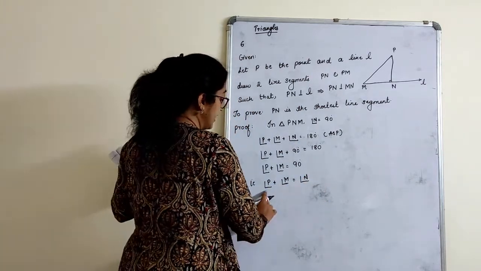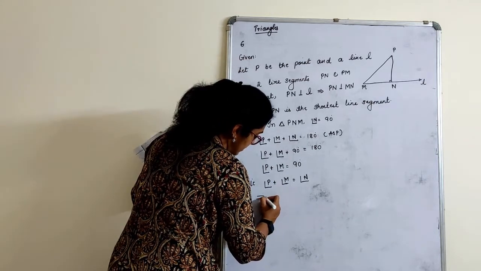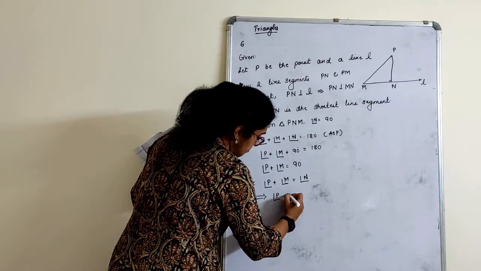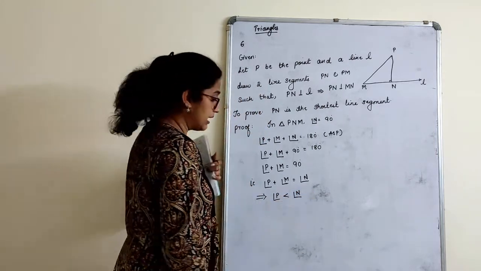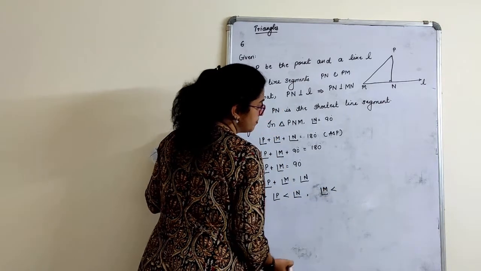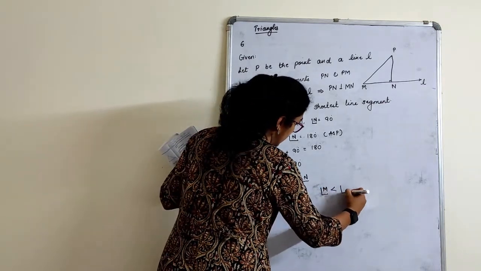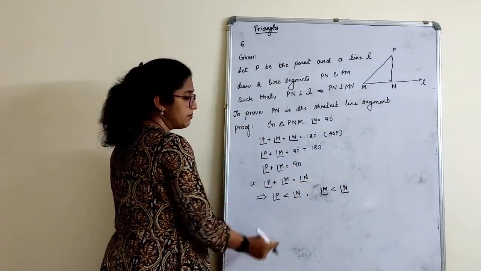So here I can write, this implies angle P is less than angle N, as well as angle M is less than angle N. True, no? This is 90, the sum has to be 90.